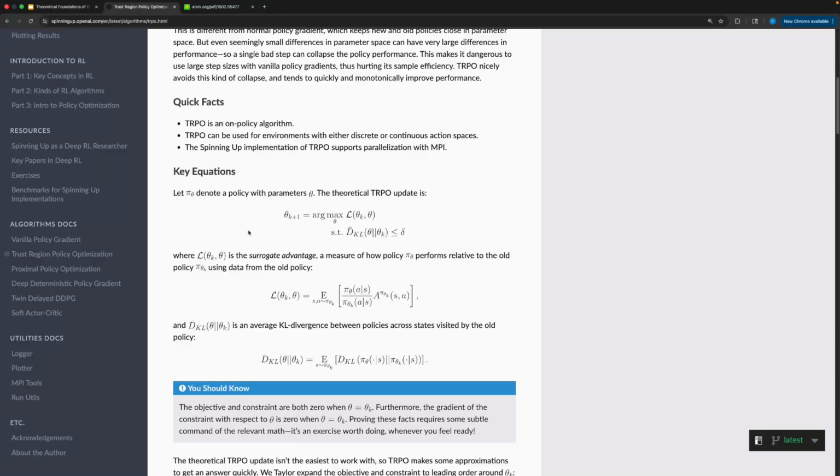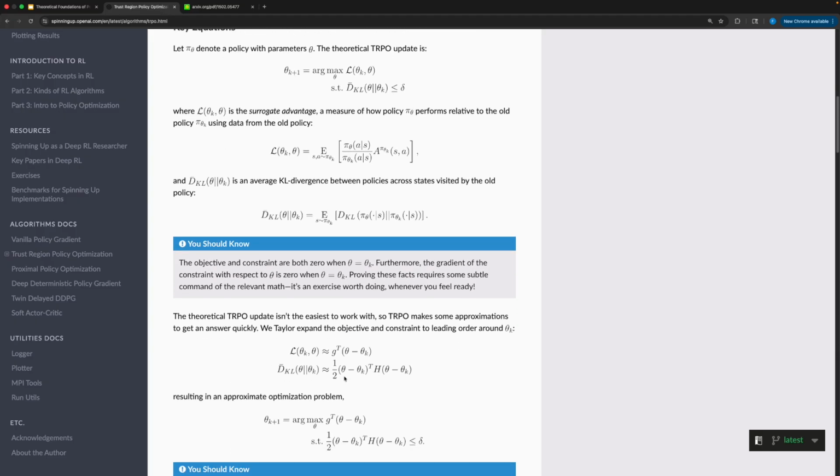Coming back to the Spinning Up blog, we see how this update was derived. In this policy iteration algorithm, for your next update, you try to maximize your objective, which is the expected advantage times this ratio of probabilities from the old and the new policies, with the constraint that the average KL divergence between the two is less than or equal to delta.